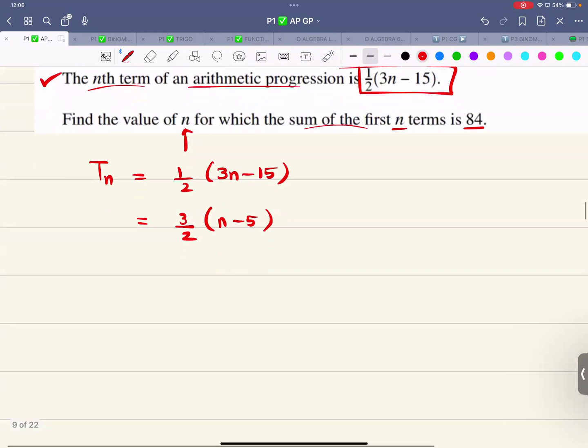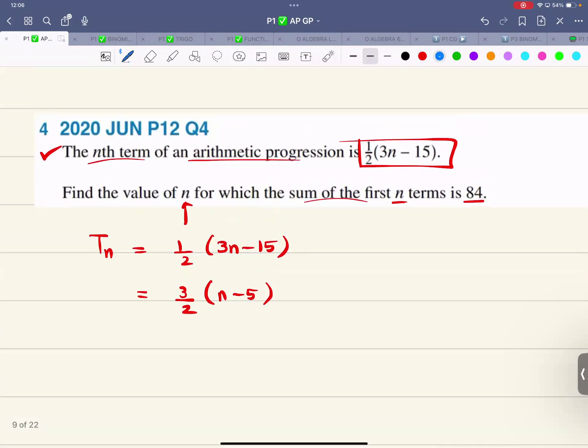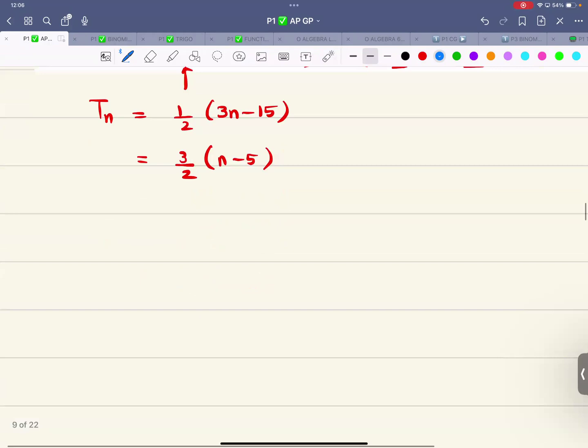Now it's a good question. Usually in this kind of question, let me add what they are missing, that is, find the first term and common difference. That is usually the question. Let me solve that question first.